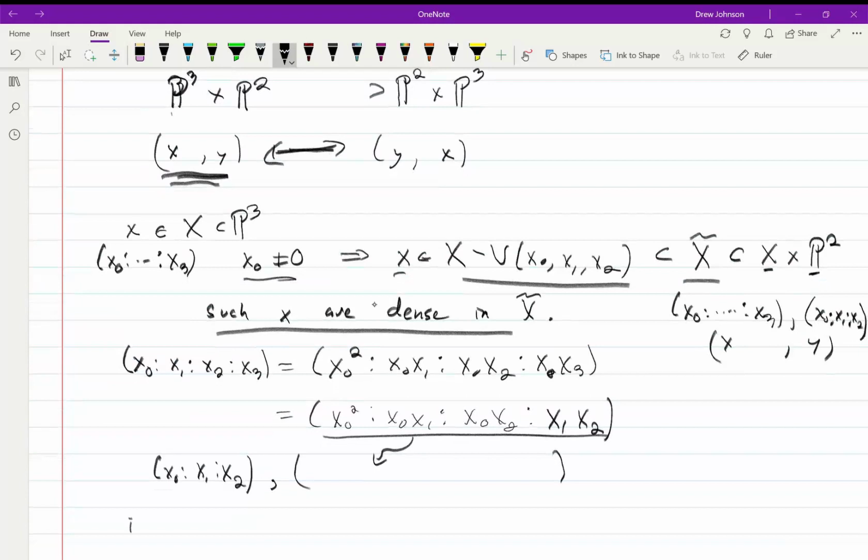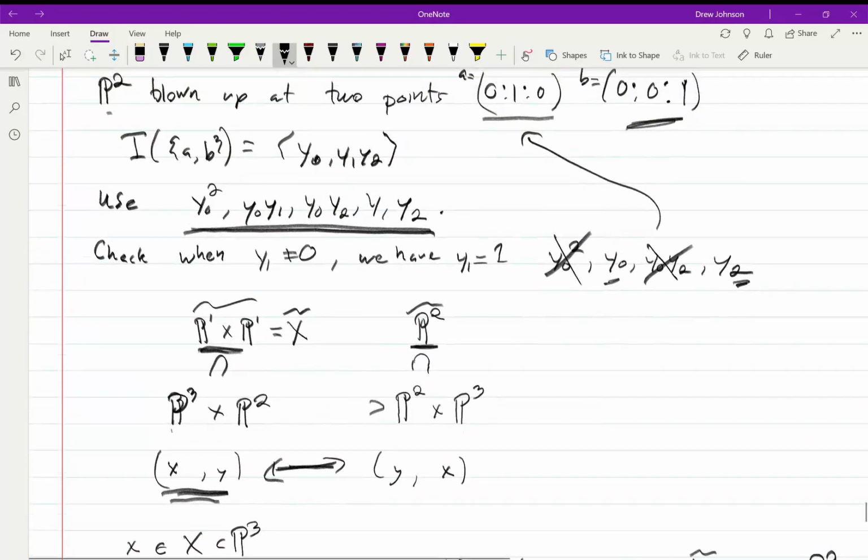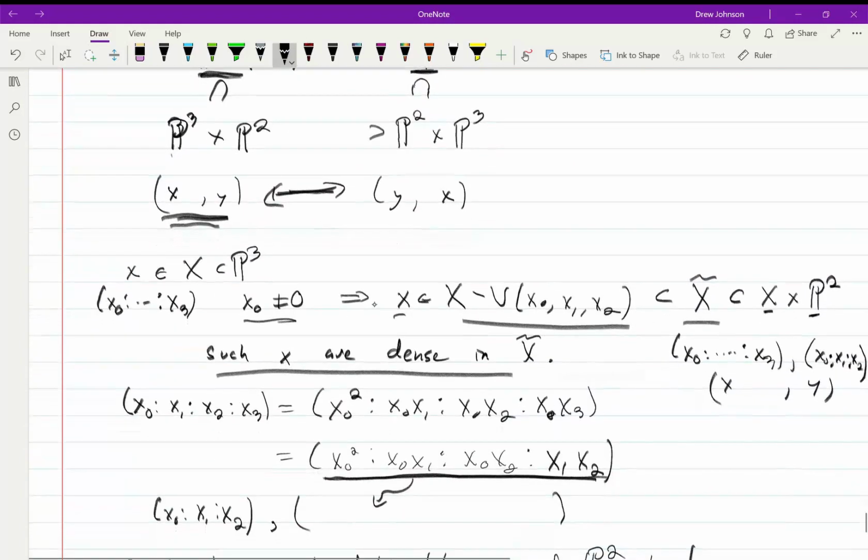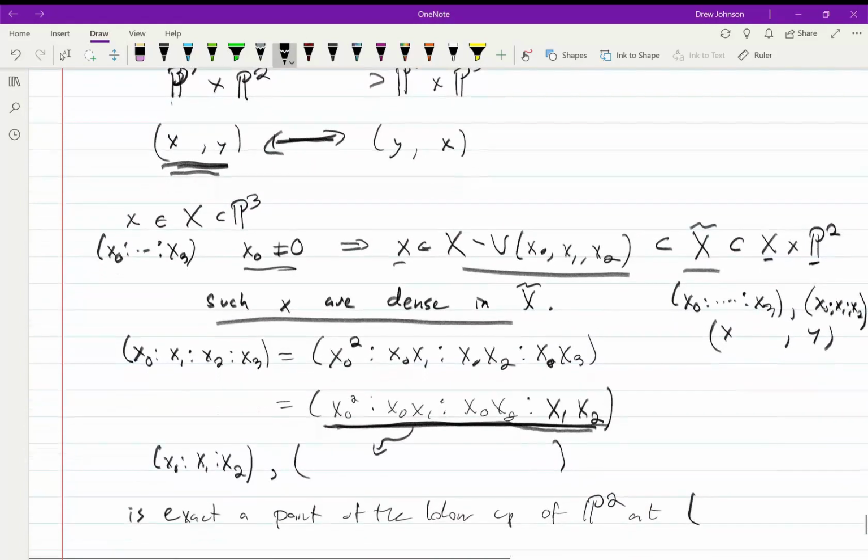This is exactly a point of the blow up of P2 at the ideal generated by these things, right? The point is these functions here are exactly the things in this list right here: x2, x0 squared, x0, x1, dot dot dots.